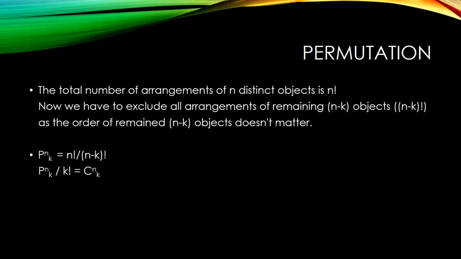Now we have to exclude all arrangements of the remaining n minus k objects, which is n minus k factorial, as the order of remaining n minus k objects does not matter. So nPk is equal to n factorial divided by n minus k factorial. If we exclude order of chosen objects from permutation formula, we will get the combination formula. So nPk divided by k factorial is equal to nCk.